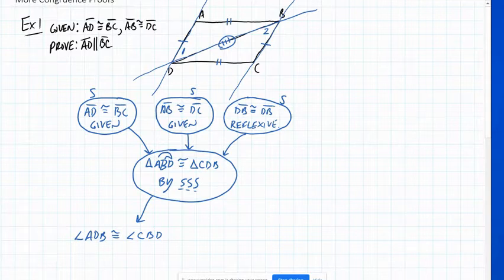Those are angle 1 and angle 2. Those are congruent, and the reason why we know they're congruent is because those are corresponding parts of the congruent triangles. So that's exactly what we're going to write. Corresponding parts of congruent triangles, or you could say congruent figures, are congruent.